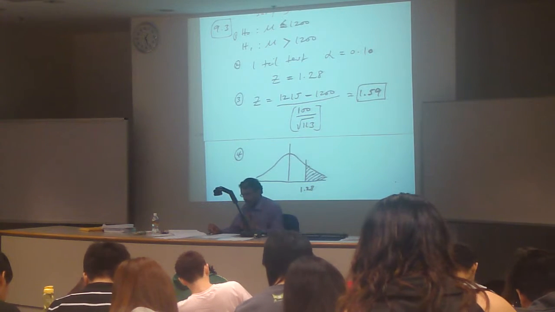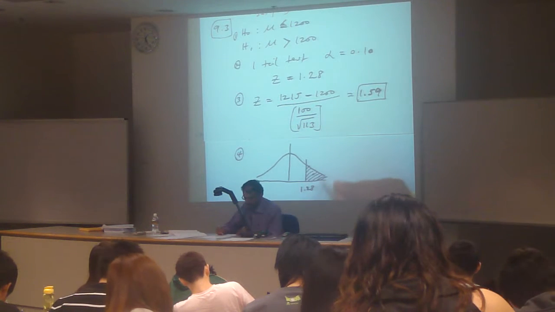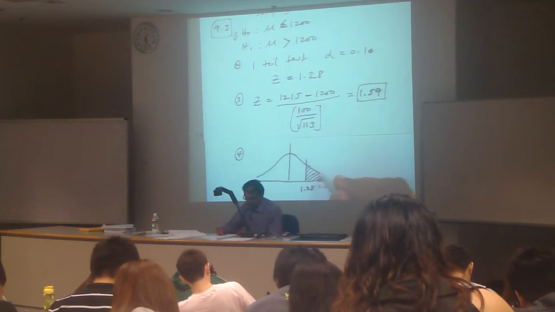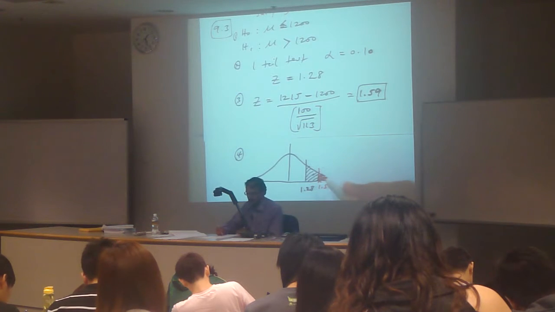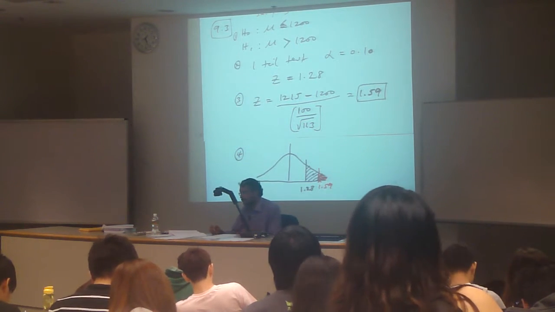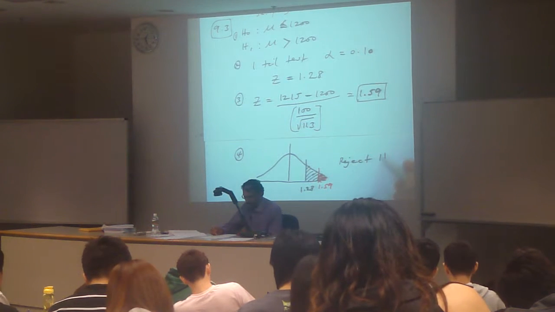Your answer is 1.59. Which region does 1.59 fall into? This is your shaded region. Therefore, 1.59 is inside the shaded area, reject H0.